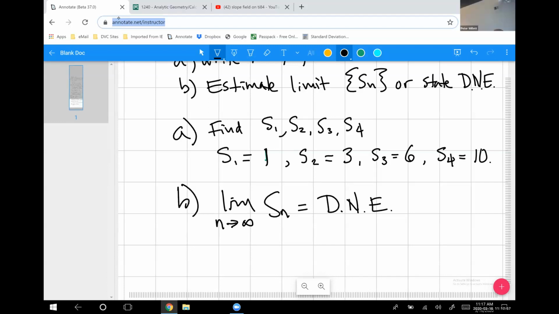Well, one of the ways is to look at the pattern. So if you look at S1, S2, S3, S4, you're seeing that the number just keeps growing and growing. 1, 3, 6, 10, and the next one would be 15, 21. You're literally looking at the fact that you're just adding a larger and larger number. Now, we don't have a formula for any of these right now, for S sub 1 or S sub 2 or S sub n, other than the summation in the beginning.